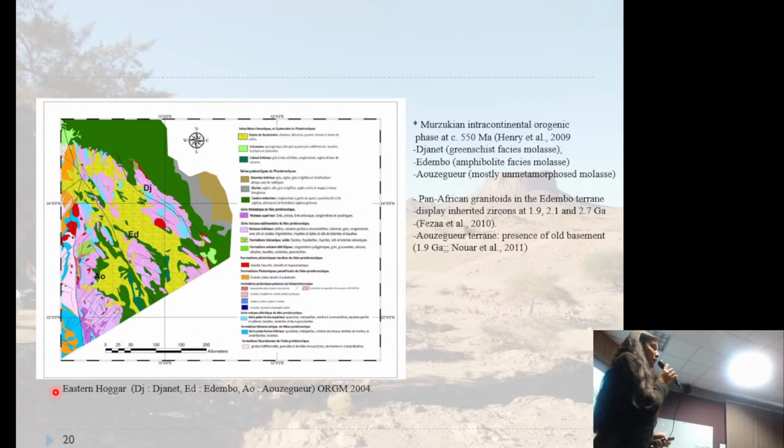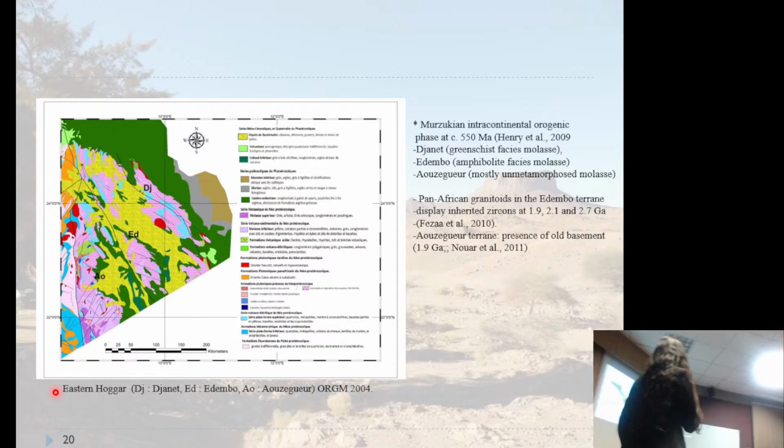So there are really few people who want to go there. But we still found some Pan-African granite suites in the Tiririne terrane. And we found some inherited zircon at 1.9, 2.1, and 2.7 Ga. And there's some old basement, but again, it's maybe not quite well identified.